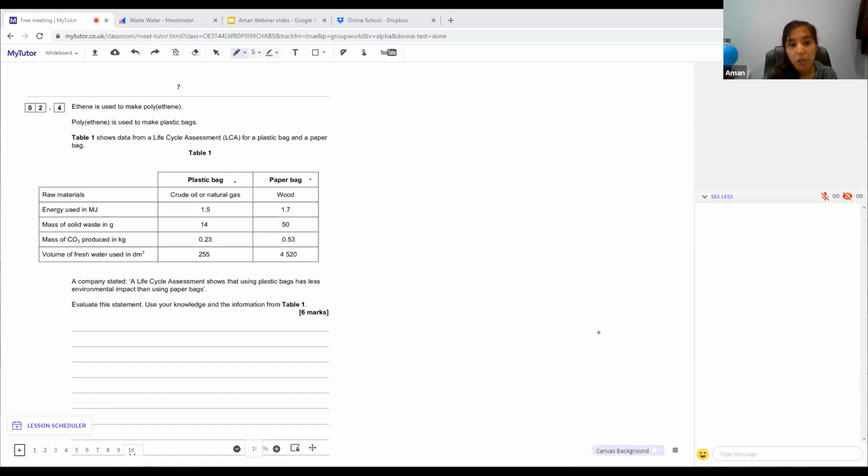If we think about things that agree first, what agrees with that statement? If we look at the table, I've got a plastic bag having less environmental impact than paper bags. What will agree with that statement? Any ideas?